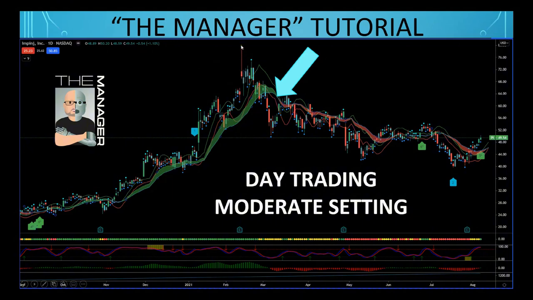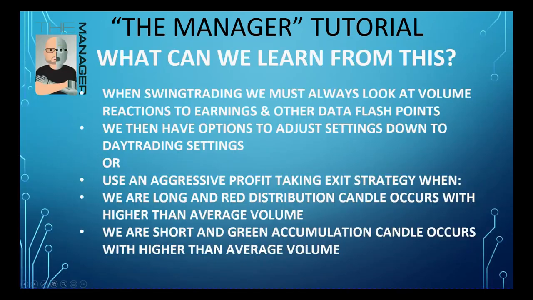I'm going to say it again, high volume rejection, higher than average volume, distribution candle, after the earnings, it's a sign it's coming down violently. Go to day trading moderate settings if you didn't take the aggressive exit, and that would give you around about a $64 exit or something like that. So a better exit than the actual conservative. So you've got those settings. It's recognizing what's happened and then adjusting as and when.